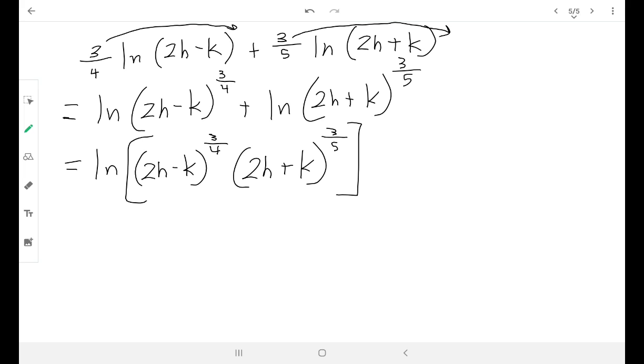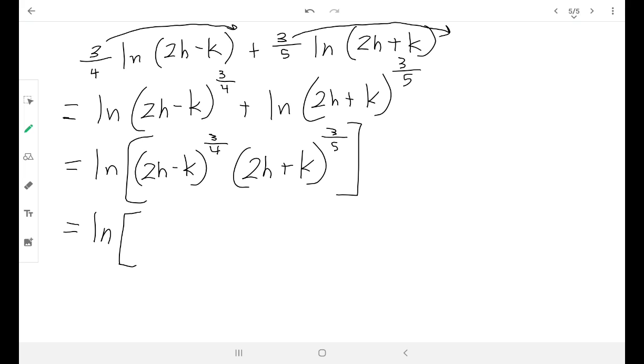The only other thing you could do is you could look at these exponents and you could say, oh, well, I can turn each one of those into roots and powers, and you might want to do that, you might not. It depends on where you're trying to go with the problem, to be really honest.